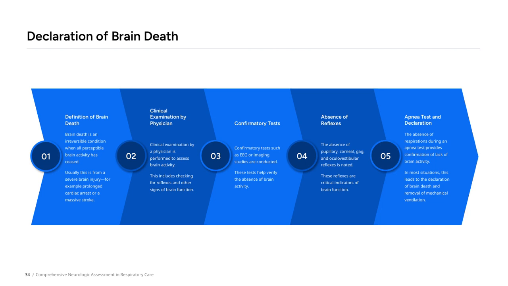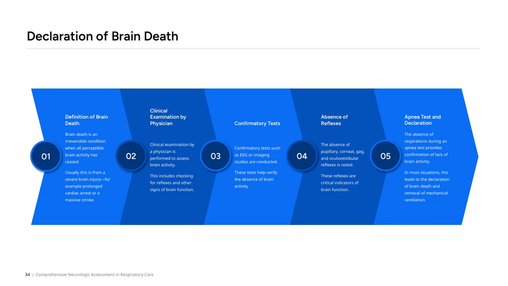These tests are crucial because they help verify the absence of brain activity with more precision and certainty. Another important aspect is examining the presence or absence of reflexes such as pupillary, corneal, gag, and oculovestibular reflexes. The absence of these reflexes indicates that brain function has ceased.